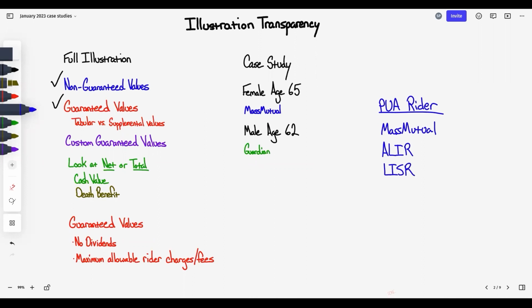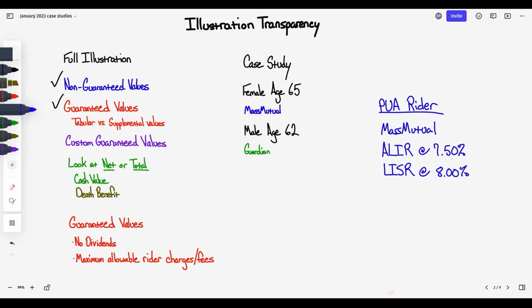Depending on the product you select, and we'll focus on the non-guaranteed values first, if you select their 10-pay or their 15-pay product, the charges are as follows: 7.5% and 8%. Now, those are gross charges.